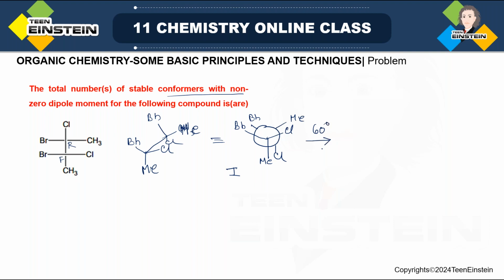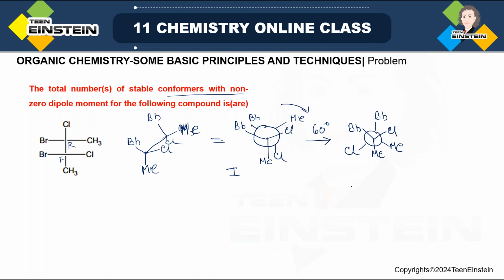Next, if you rotate it 60 degrees, and the rotation is for the back carbon, the rear carbon, then what will happen? As I have not disturbed the front, just draw it as it is, but bromine will now be here, methyl will be here, and chlorine will be here. In this case, it is comparatively more stable.